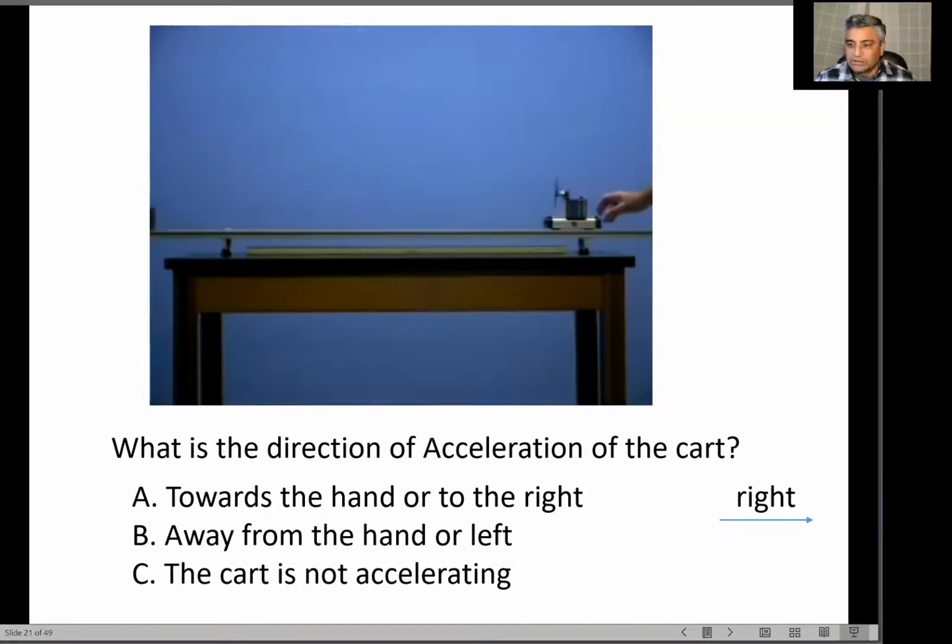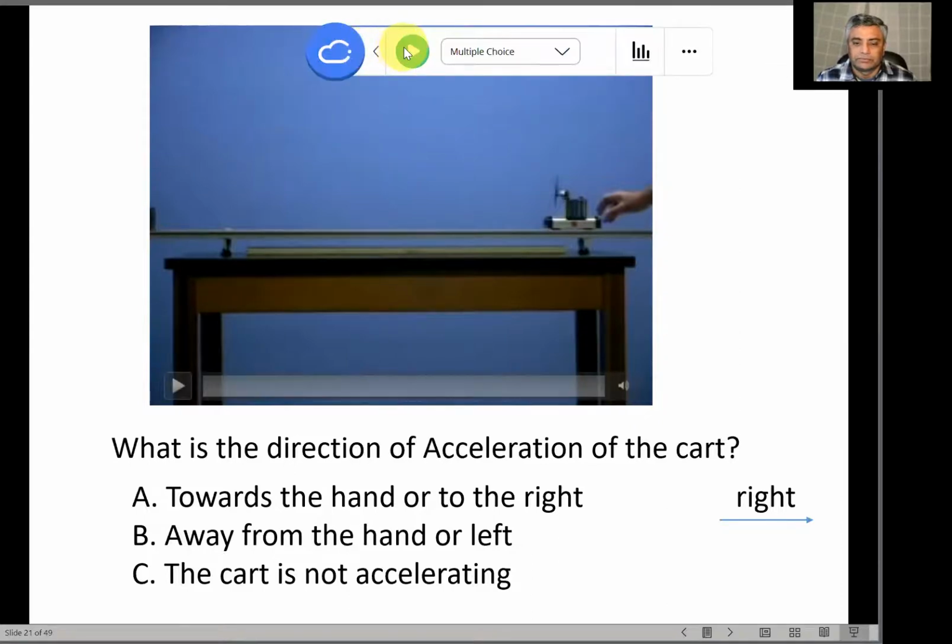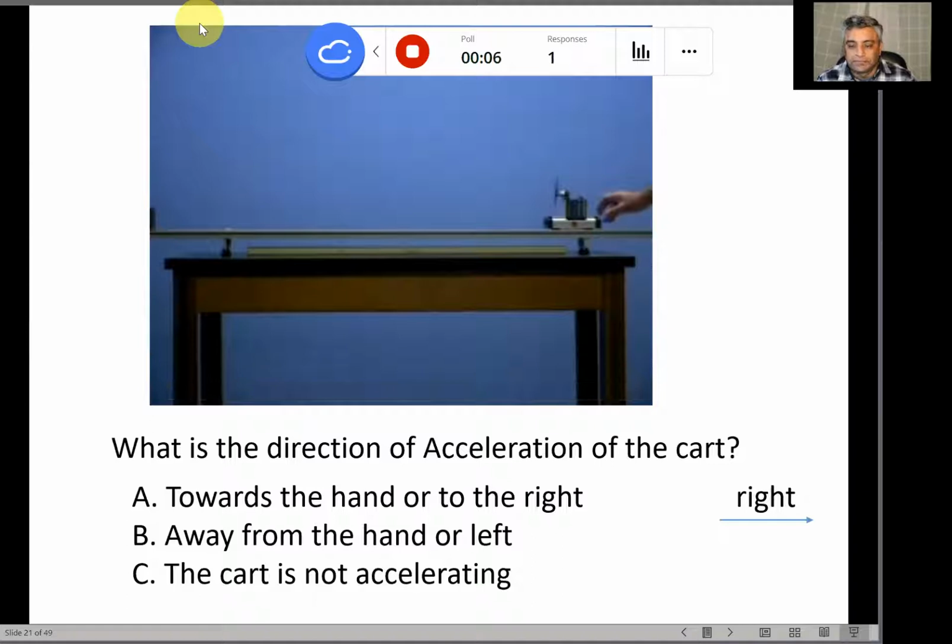So now comes the question. You have a minute to answer this question as well.